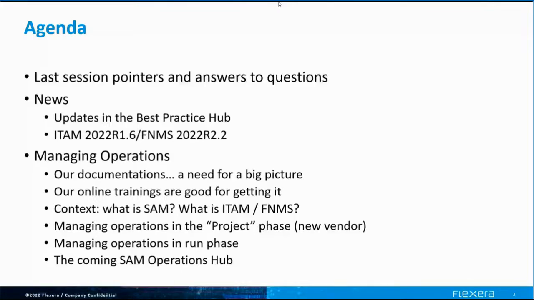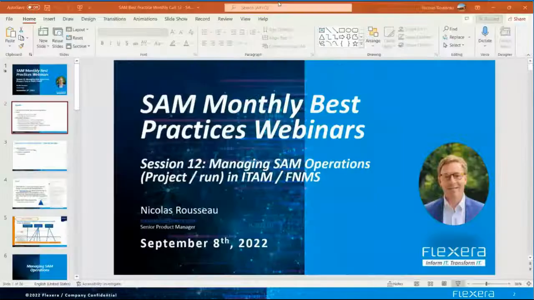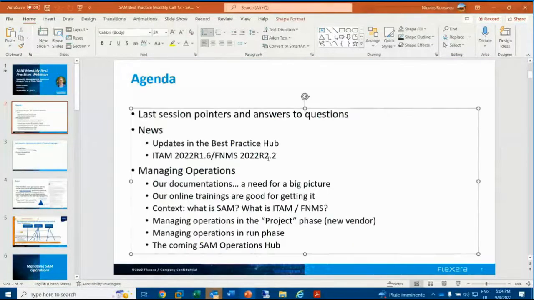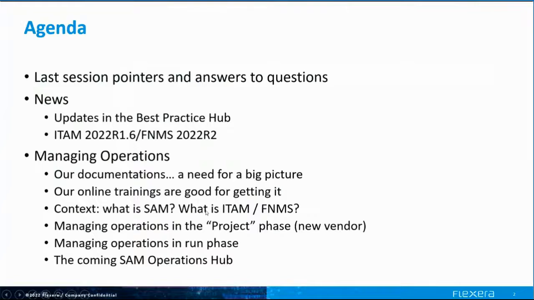I will talk quickly about the ITAM 2022 1.6 release, which actually contains mostly bug fixes, and the coming FNMS 2022 R2, sorry, not 2.2. This next release, which will be the next on-prem and cloud version, will contain a number of additions.